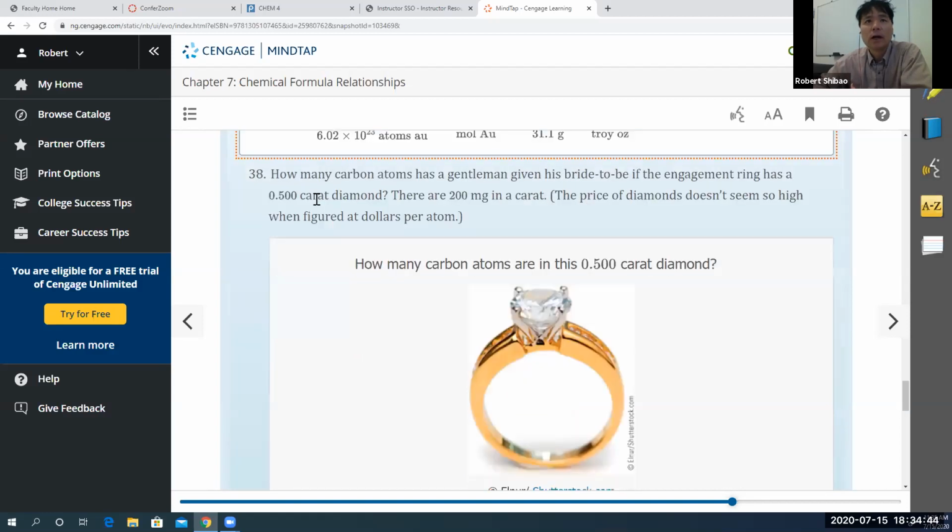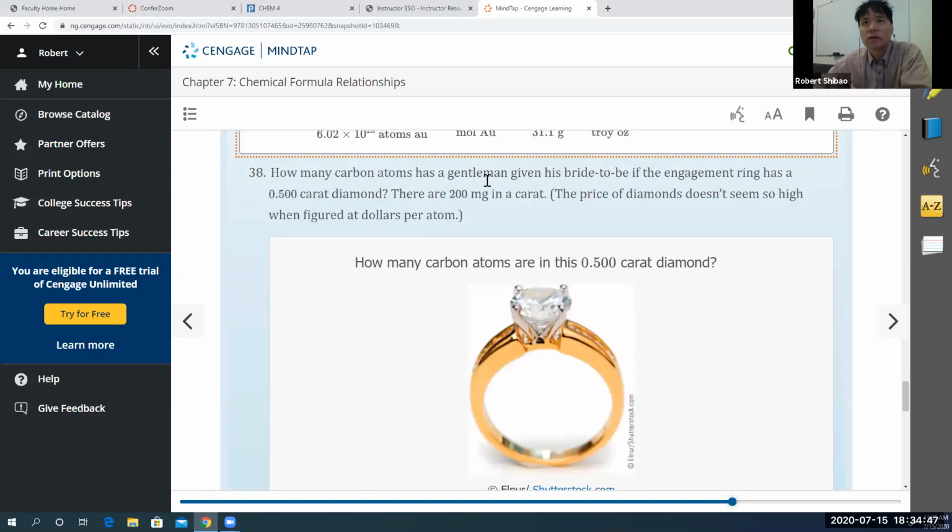How many carbon atoms has a gentleman given his bride-to-be if the engagement ring has a 0.500 carat diamond? We know that it's 0.500 carats, or half a carat, to 3 sig figs. We need something to get rid of carats.